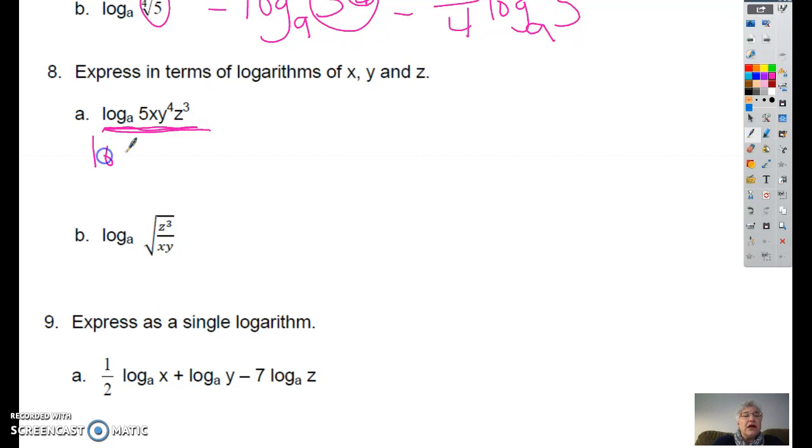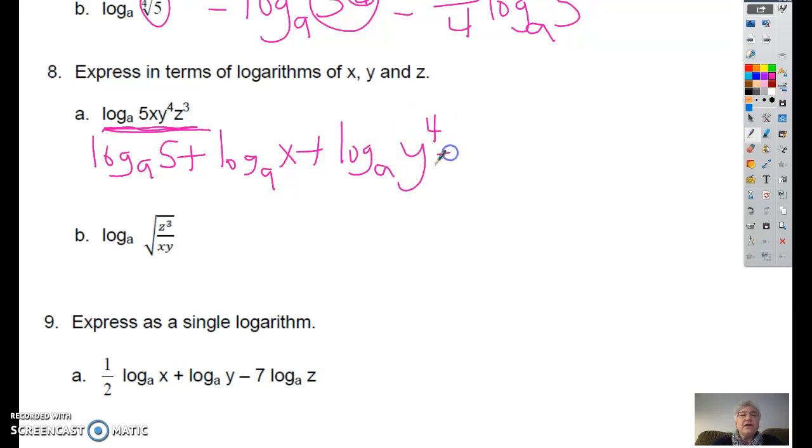So log base A of 5 plus log base A of x plus log base A of y to the 4th. Oops, that's supposed to be a plus sign, sorry. Plus log base A of z cubed, or z raised to the 3rd power.